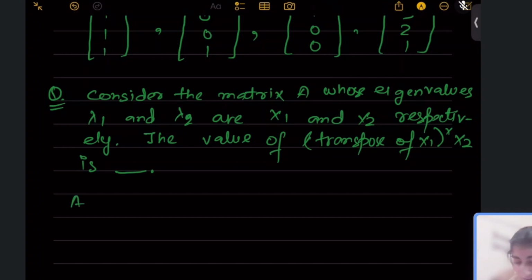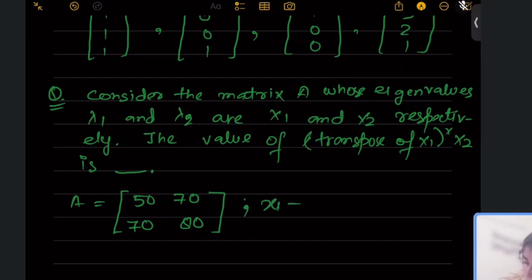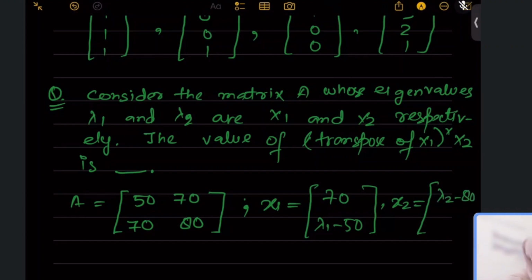So matrix A is given as 50, 70, 70 and 80, and x1 is given as 70 and lambda 1 minus 50, and x2 is given as lambda 2 minus 80 and 70.